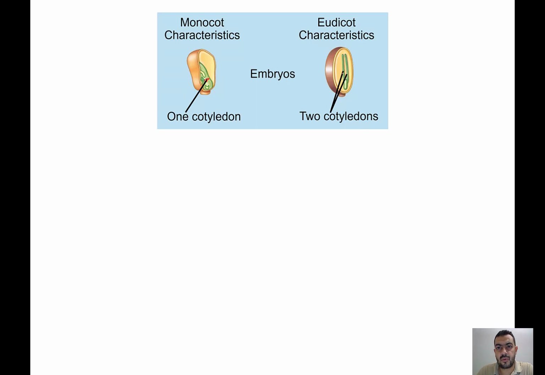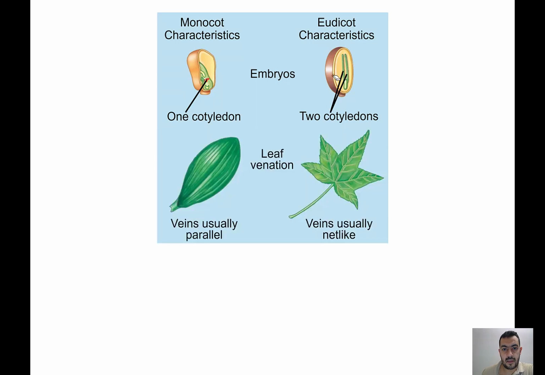If it has two seed leaves like that, it will be a dicot. So one way to know is by making a cross section in the seed and then looking at the number of the seed leaves.